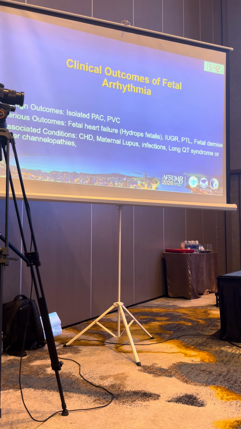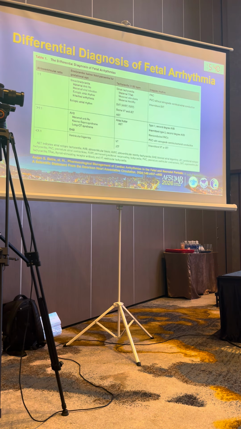If the arrhythmia happens, I will classify it according to this literature: 1-to-1 conduction, more than 1-to-1, or less than 1. So we can have different differential diagnoses of the fetal arrhythmia. We have tachycardia from the longitudinal column, the first one, and tachycardia with irregular rhythm.